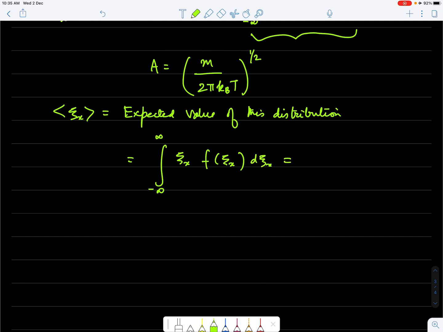Now if you know the distribution function, if you know what f(ξx) would look like, it would essentially have a peak near 0, right?